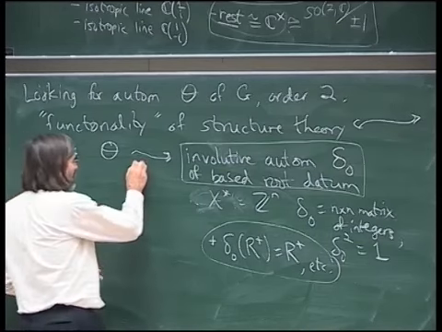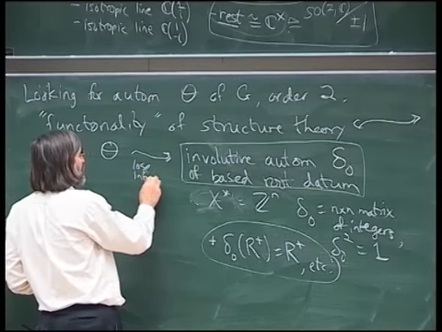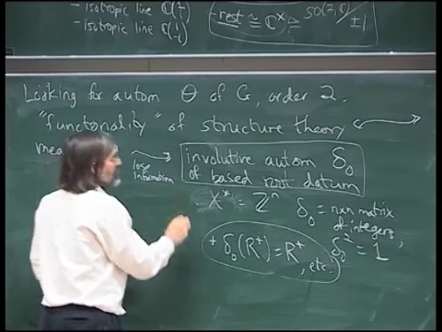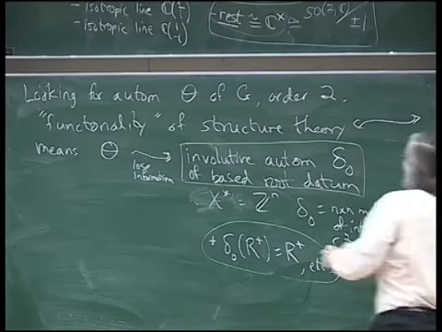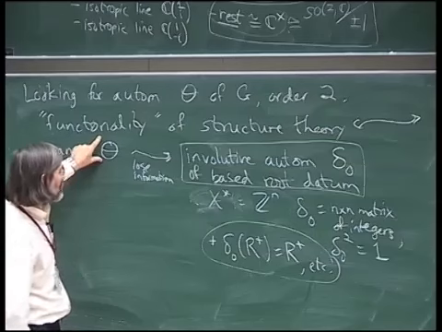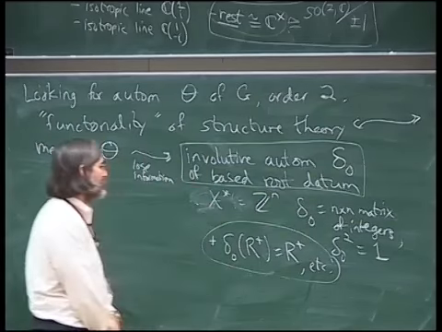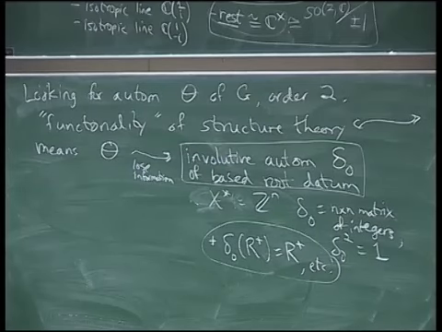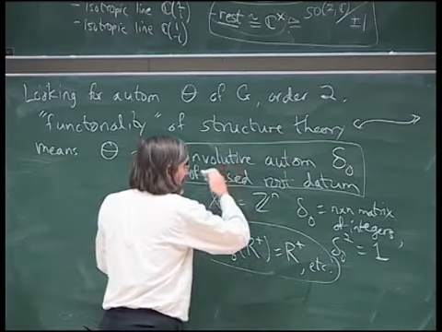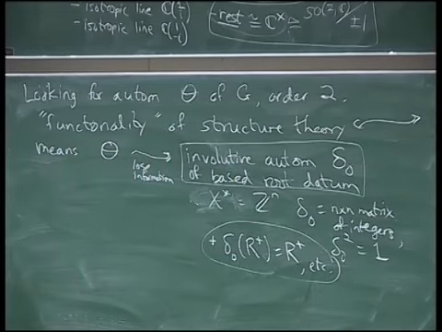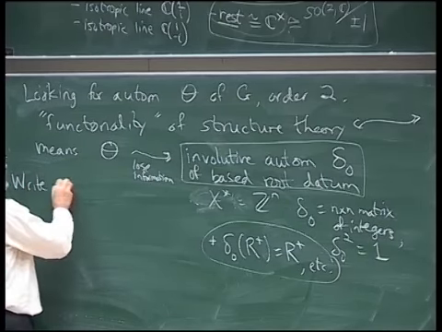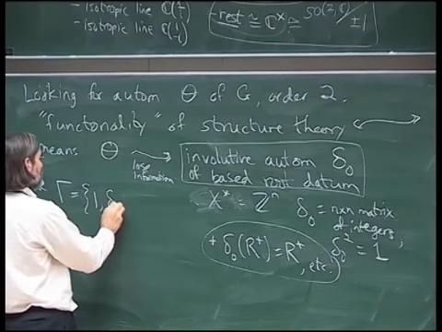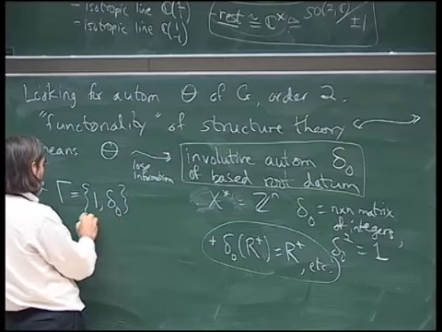When you do this, you lose information. This is algebraic groups up to inner automorphisms that give rise to these lattices. So when I go from this involutive automorphism to the automorphism of the based root datum, I lose some information, but at any rate, I can do that. What I want to do is write gamma, this is 1 and delta 0, this two-element group.